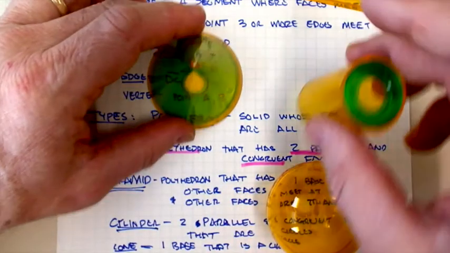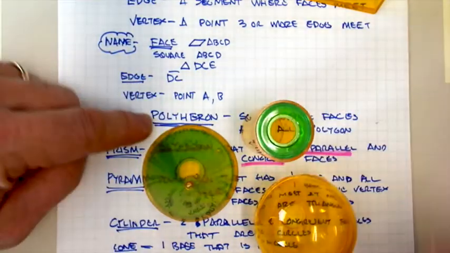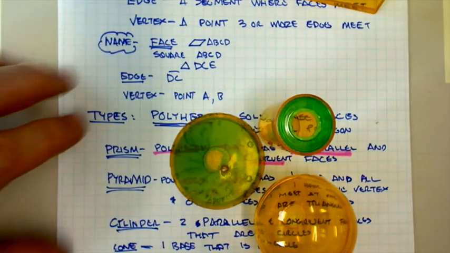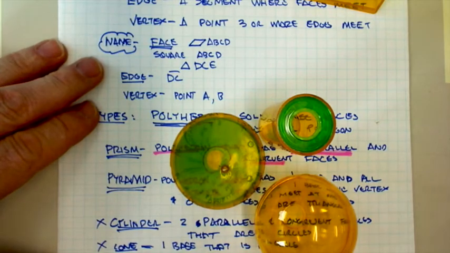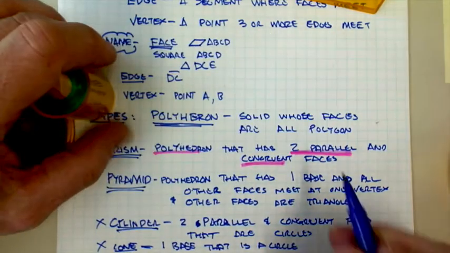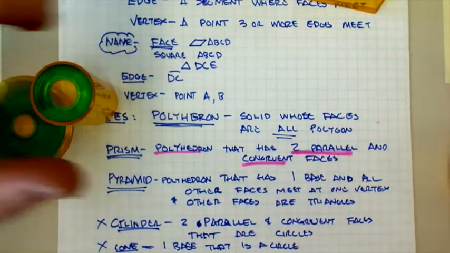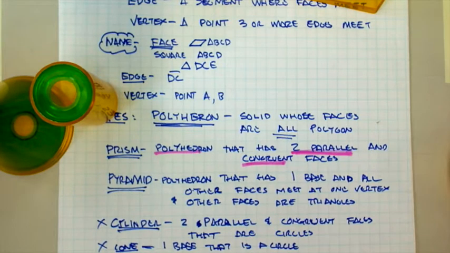Okay? These three guys here are not polyhedrons. None of these are polyhedrons because they do not have all of their faces as polygons. Okay?